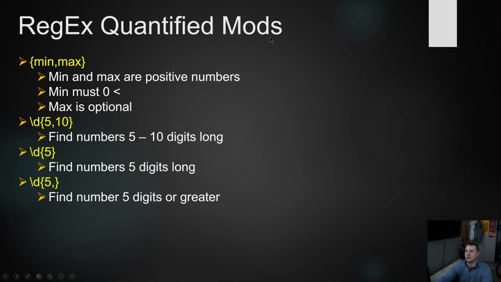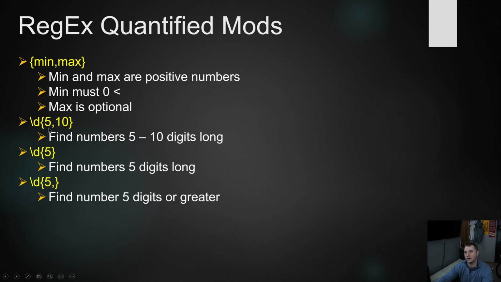Quantified modifiers. So we can do min and max like this. Notice that we have our curly brace here, and every single one of these takes a min and max, a number and then a number. You can expand these. I'm using a shorthand for digit here.